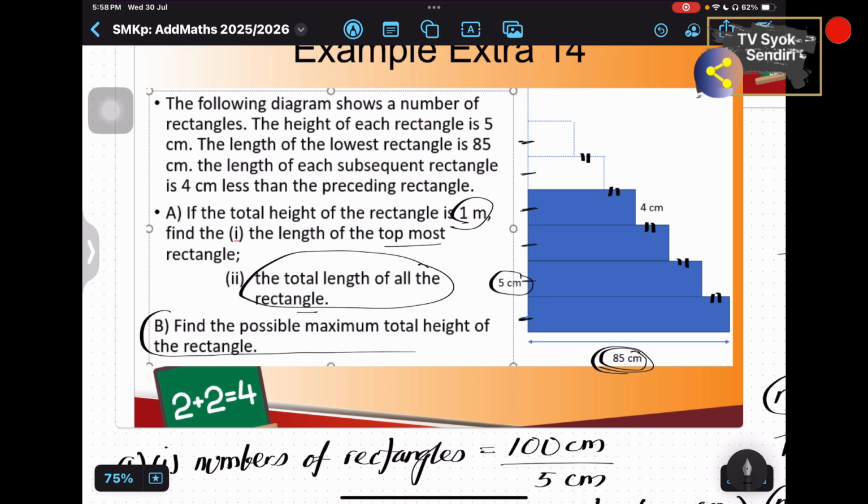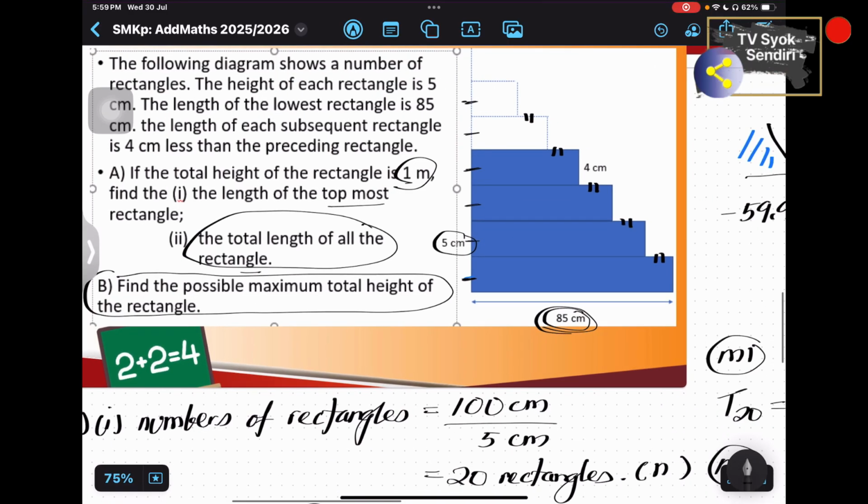Then why does the question still ask me to find the maximum? Find the possible maximum total height of the rectangles. You may be wondering why, and whether I am actually in the wrong direction.